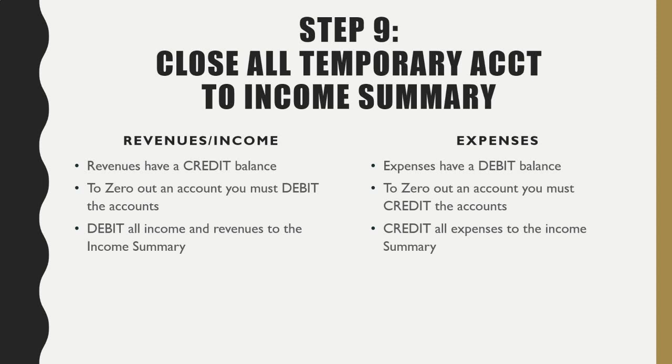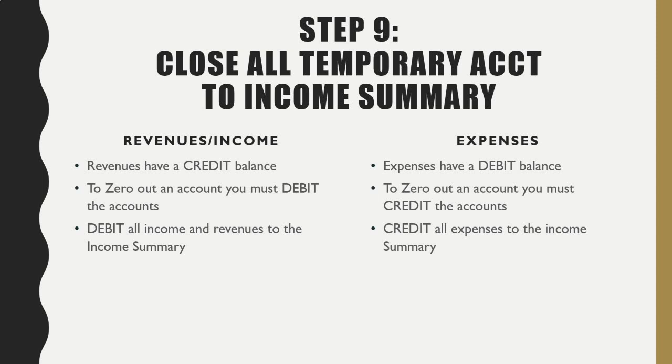And where am I zeroing these accounts out to? I'm going to have an account called income summary. In business, we understand income summary as the same thing as retained earnings. For a corporation, they like to use retained earnings.